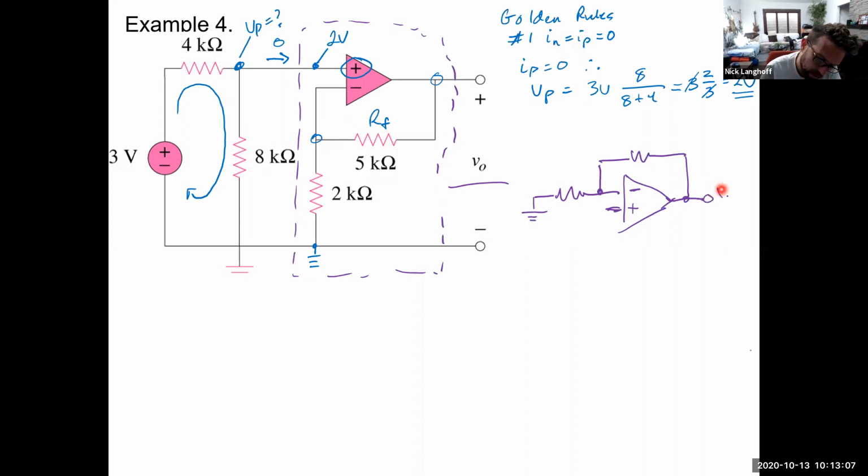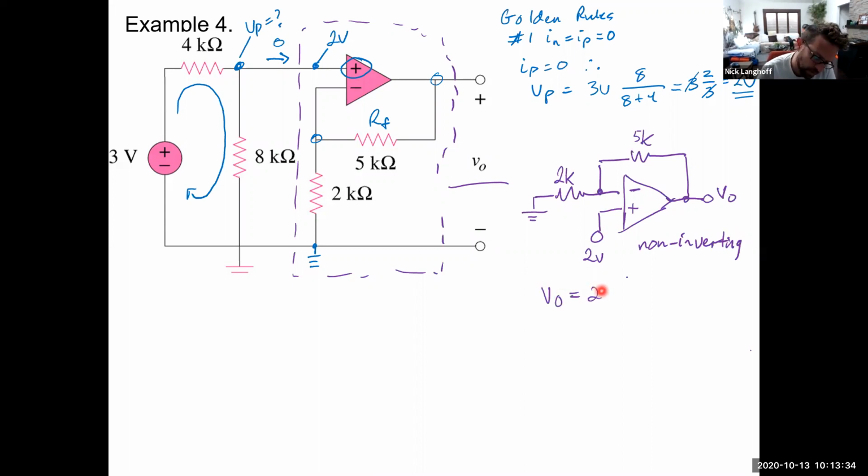If we redraw the amplifier, we have 2 volts going into the non-inverting terminal, and we've got a 2K and a 5K resistor right here. So this block is a non-inverting amplifier. And so you could just go ahead and use the formula.